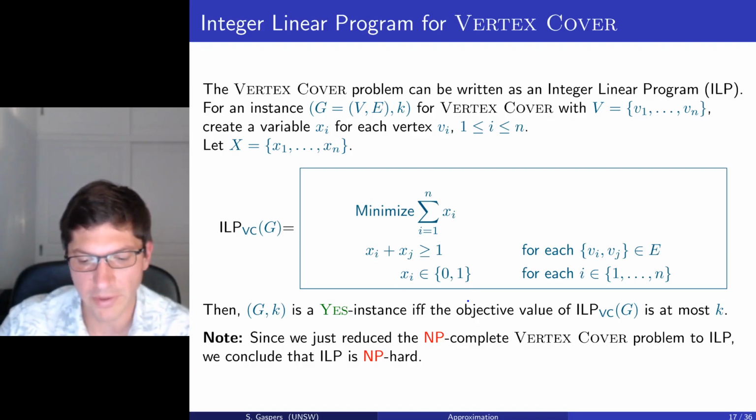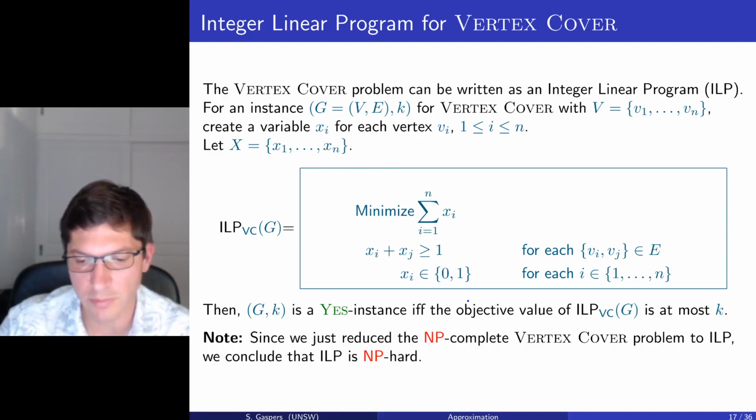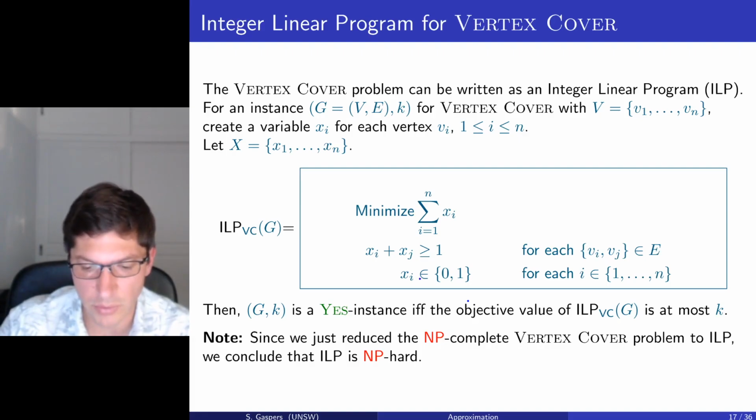Now we have some variables, and these variables can either be integer variables or just real variables. For linear programming, we are not allowed to have integer variables. For integer linear programming, we are allowed to have integer variables. So we are able to restrict some of the variables to be integers in some domain, and here we restrict xi to be either 0 or 1.